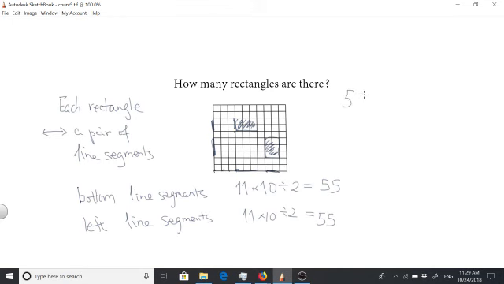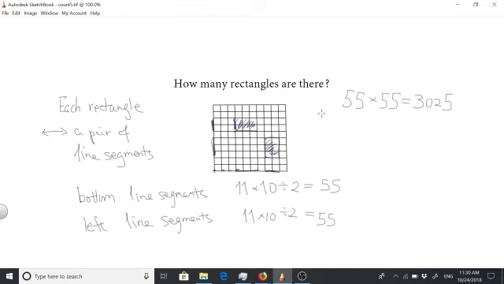It will be 55 times 55, and that will be 3025. Actually, for this multiplication, there's a little trick to do it. For the square of 55, the last two digits are 25, and the first two digits are 5 times 6, 30. That's how I get it quickly.